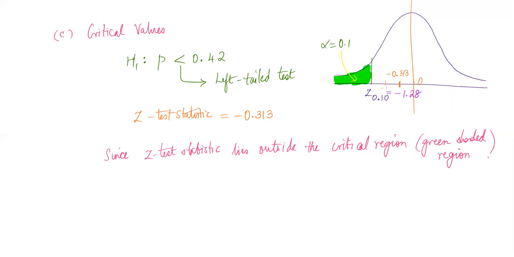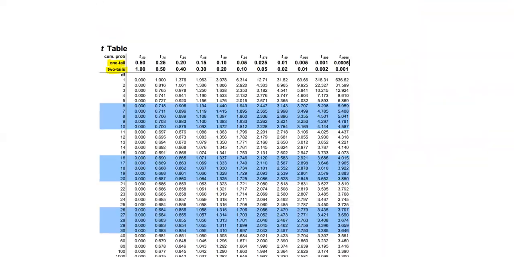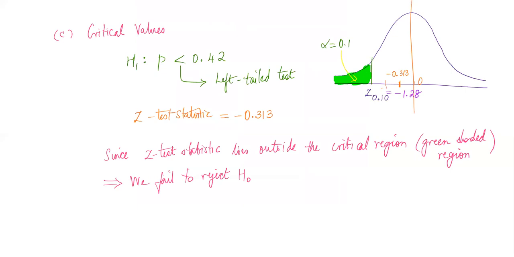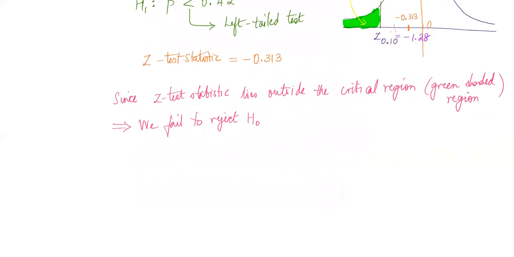It implies we fail to reject H0. How do I know this? Well, we recall that in the decision, step 7, it says, reject H0 if the test statistic is in the critical region. Fail to reject H0 if the test statistic is not in the critical region. And we found that negative 0.313 lies outside the critical region. Therefore, we fail to reject H0.